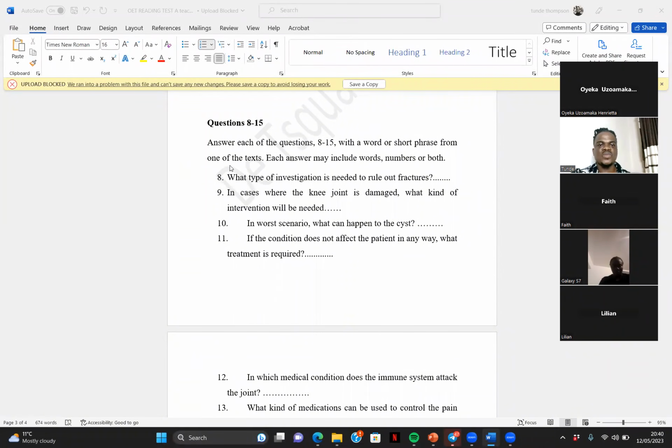So if you come to this question again, question number 8 says, what type of investigation is needed to rule out fractures? Now, where do you think this question will be? Will it be in text A that is talking about definition and signs and symptoms?